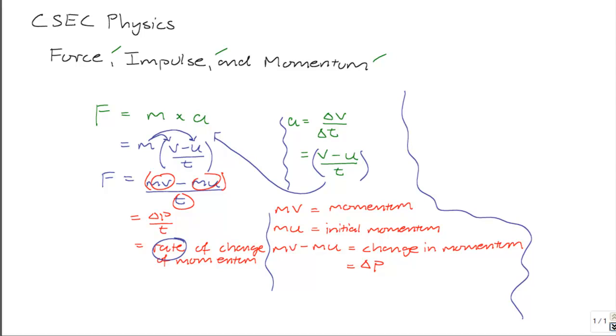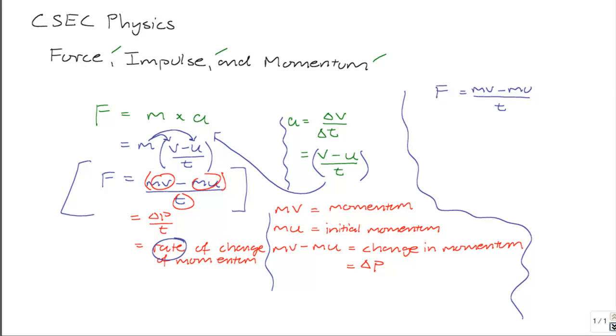Now, if we take this equation, F is equal to (mv minus mu) over t, and put it on this side of our screen for now, then we can get another physical quantity from it. And to do this, we multiply both sides of our equation by t.